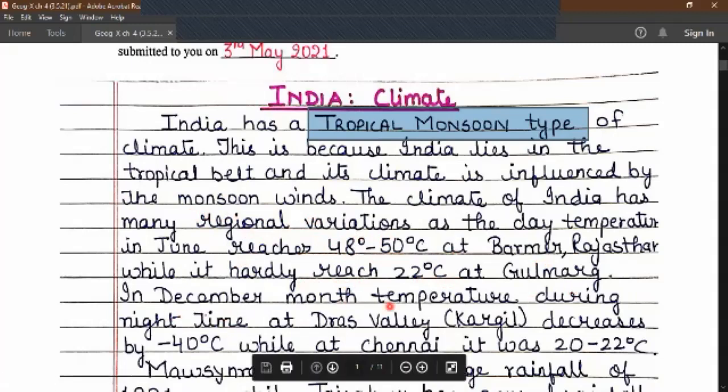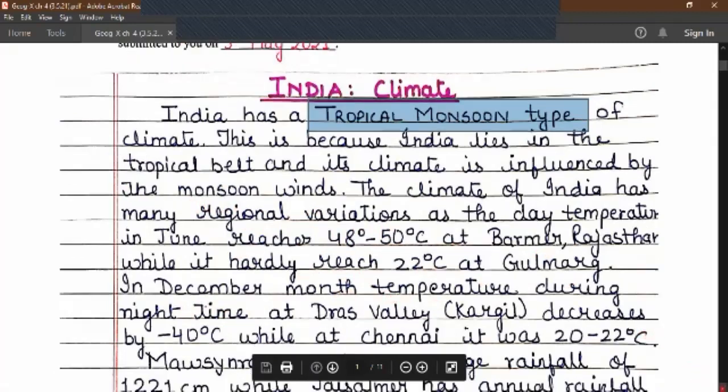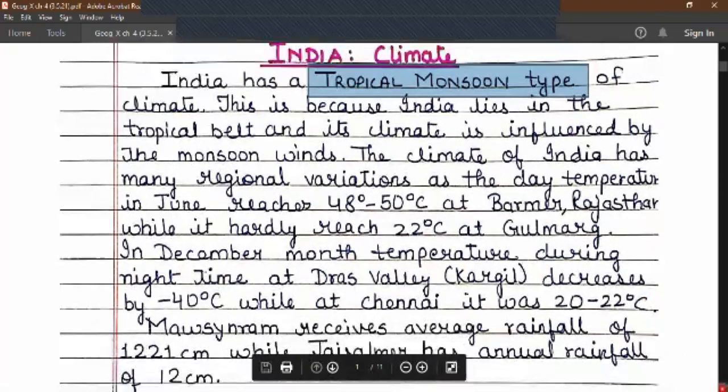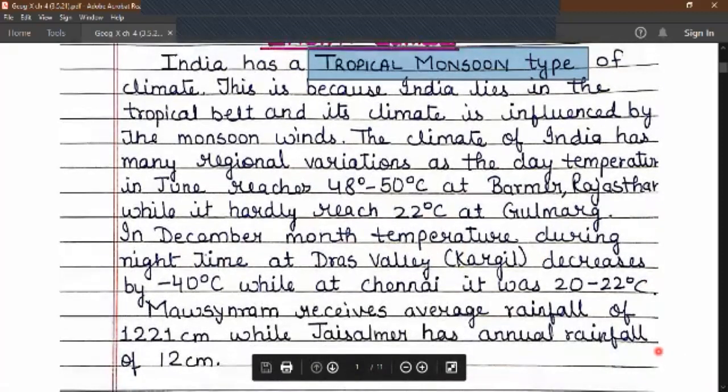In December month, temperature during night time at Dras Valley, Kargil, decreases to minus 40 degrees Celsius, while at Chennai it was 20 to 22 degrees Celsius.